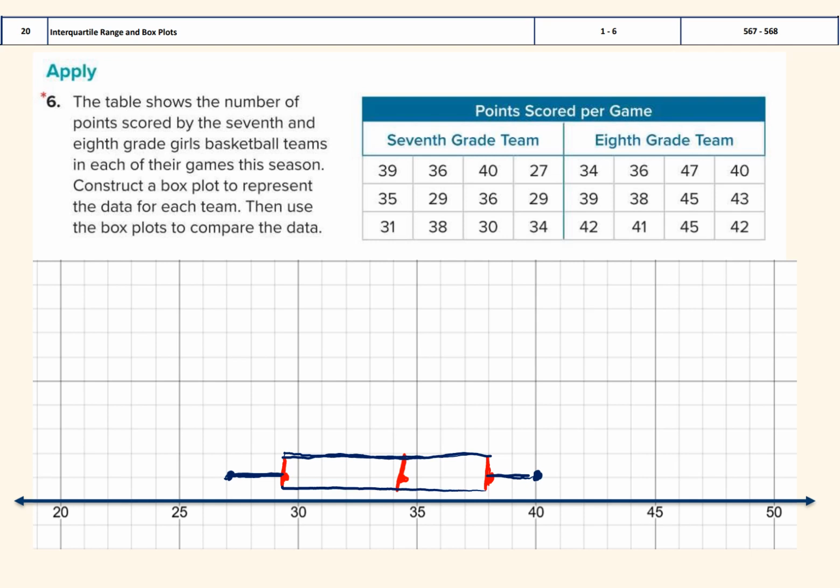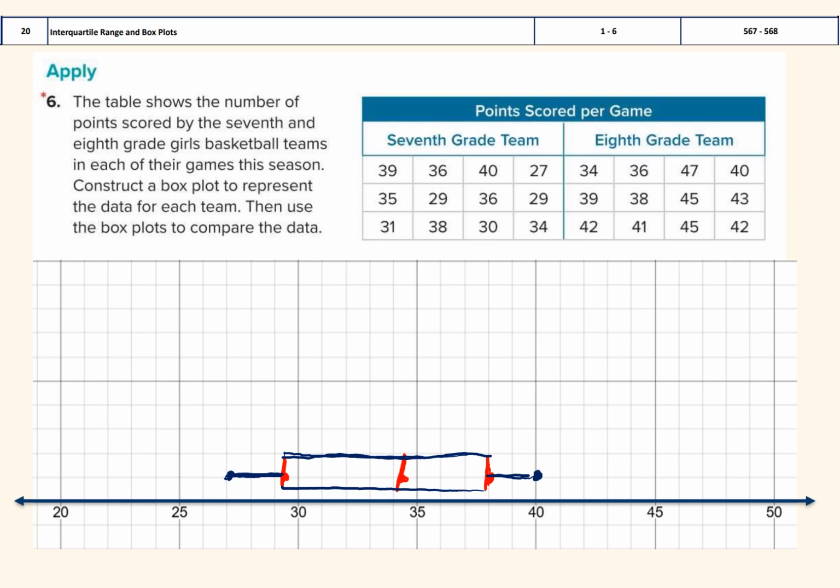Now let's draw the second box plot, for the 8th grade team. The same way. First, you need to plot Q1, median, and Q3. Q1 is going to be 38.5.